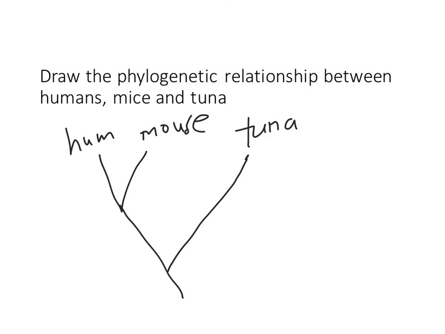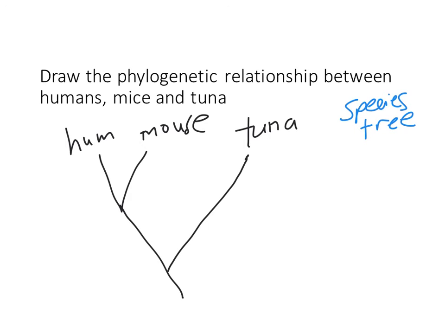So which group is monophyletic? Humans and mice. In this case, you've drawn a tree; what are the branch tips representing? Clades, species, genera, phyla? In this case, this is a species tree, because the labels of the branches are species.